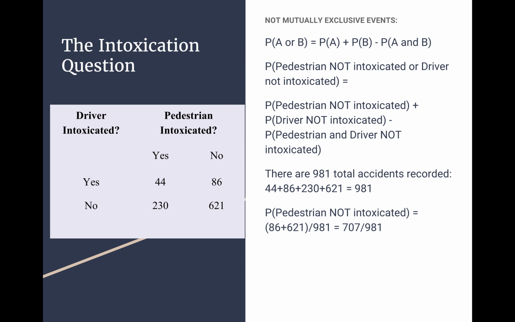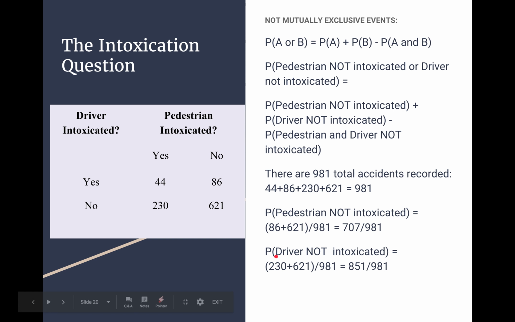The probability the pedestrian was not intoxicated, when we look in this column right here, is going to be 86 plus 621, and remember we're looking at all the deaths, so we're looking at 981 as our denominator in all these questions. So 86 plus 621 gives me 707 over 981. The probability the driver is not intoxicated, I'm going to look across this way.